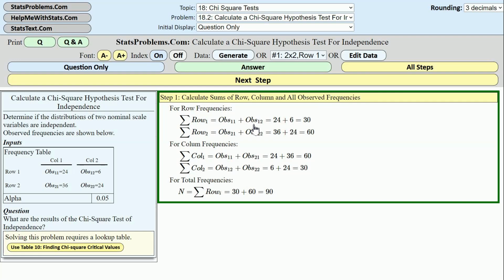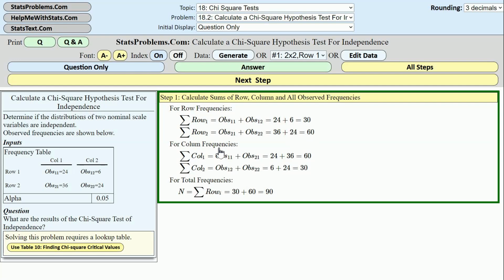In this example, the sum of row 1 is 24 plus 6, which works out to 30. The sum of row 2 is the frequency of row 2 column 1, OBS 21, plus the frequency of row 2 column 2, OBS 22. In this example, the sum of row 2 is 36 plus 24, which works out to 60.